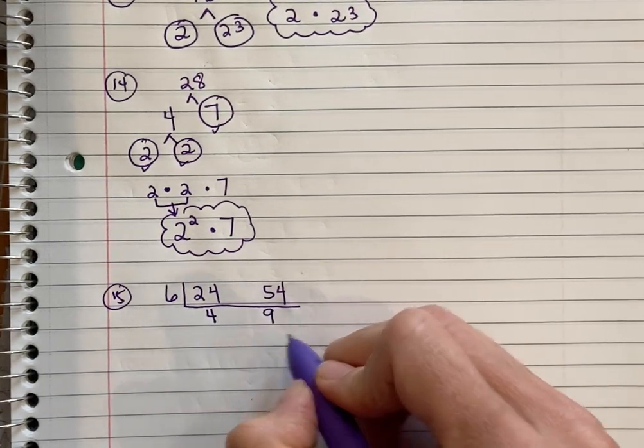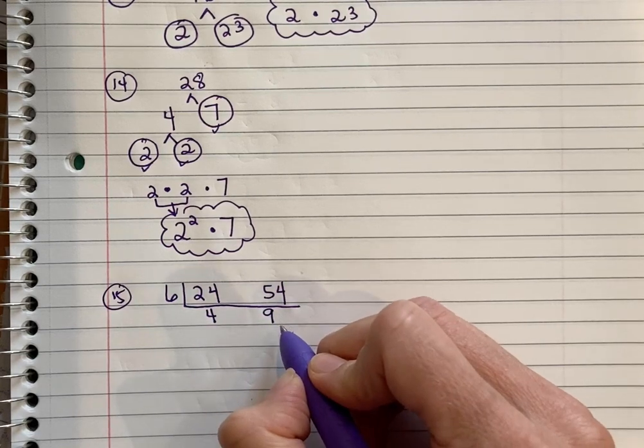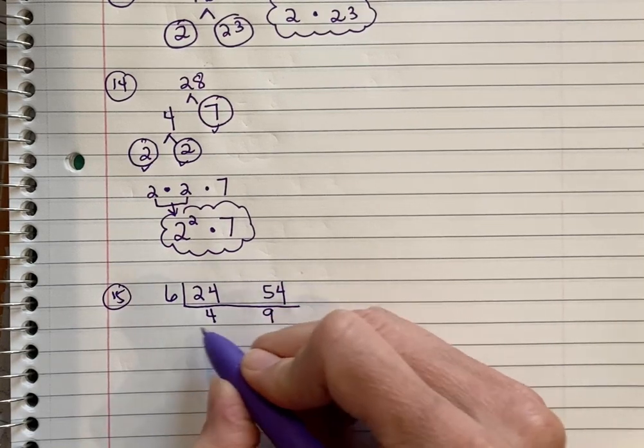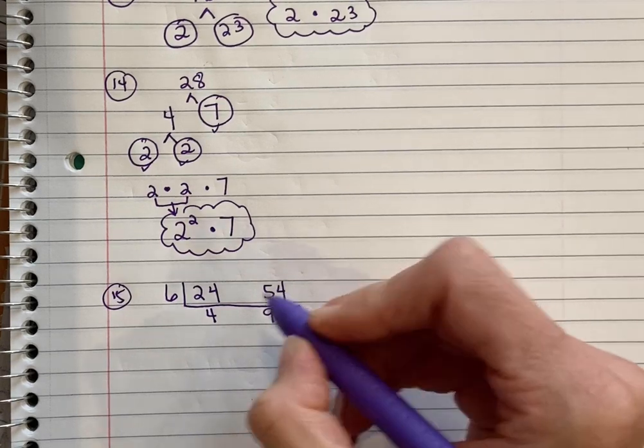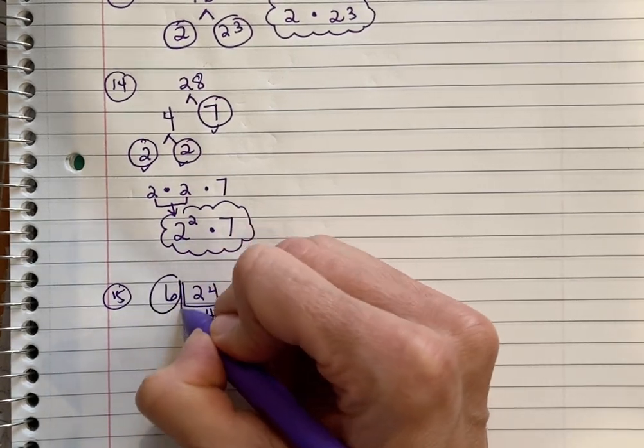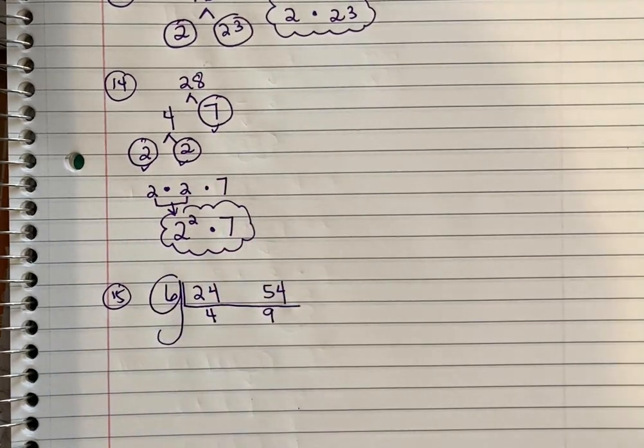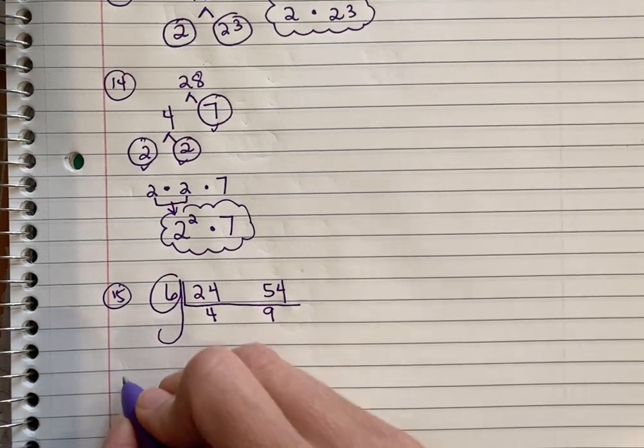Then I analyze my new numbers, 4 and 9. There isn't another factor that goes into both of them other than 1, which means 6 is my greatest common factor. Okay, if you chose 2 or 3 to begin with, you would just need another rung in your ladder.